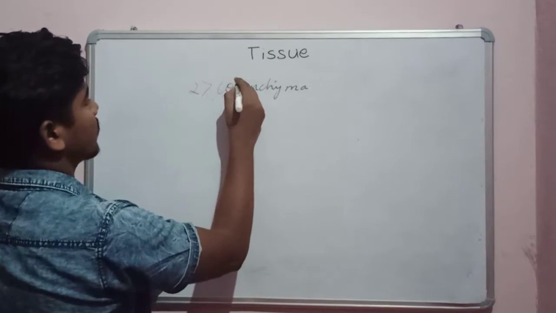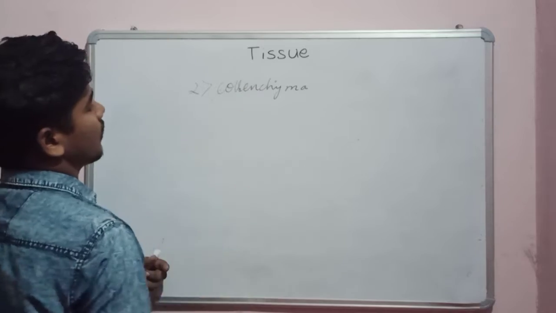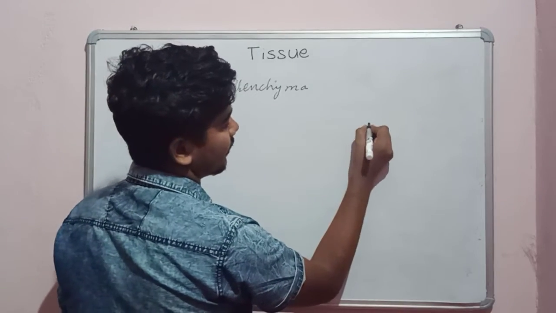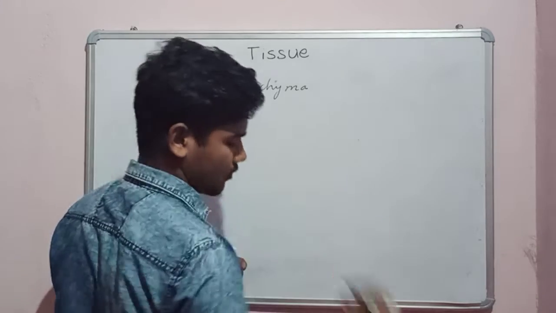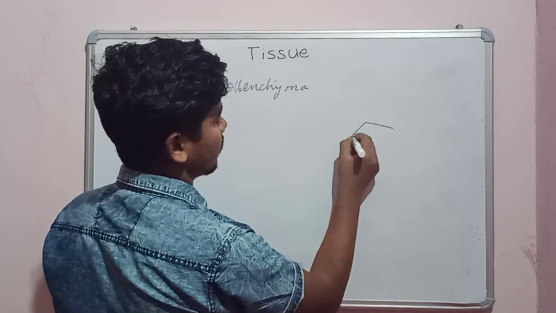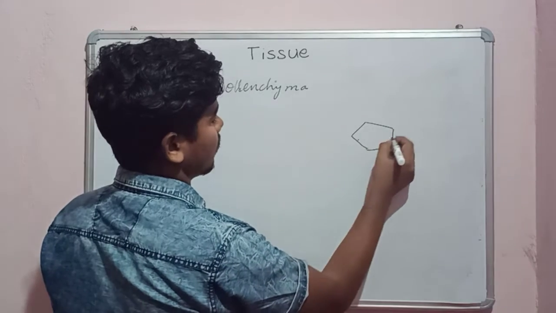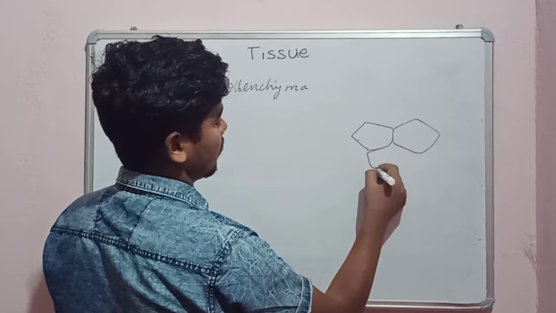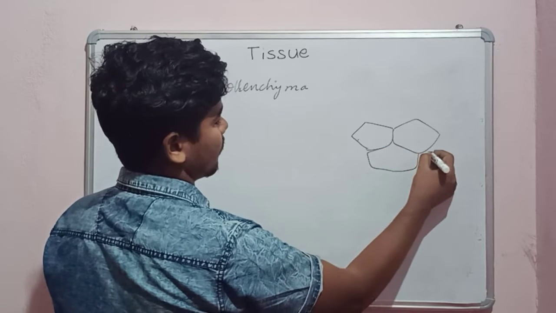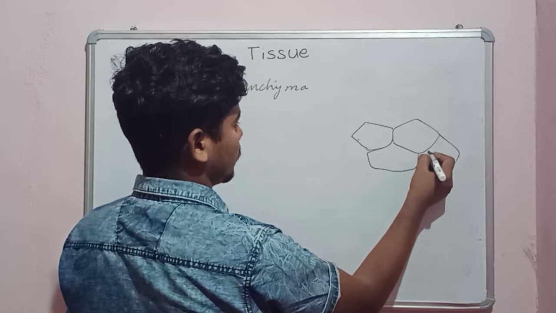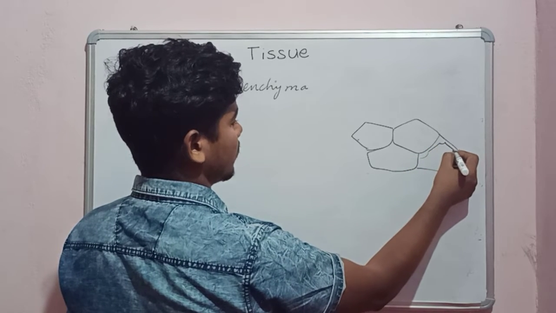This was a spelling mistake. It is collenchyma. Now let's draw a diagram before writing anything. So this is the thickening.